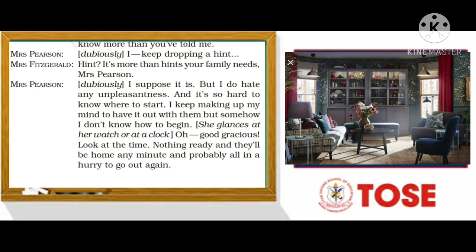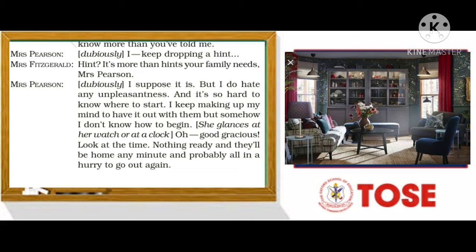She glances at her watch or at a clock. Oh, good gracious. Glances. So basically, she looked at the watch and she gave an expression. Good gracious is an expression of surprise.